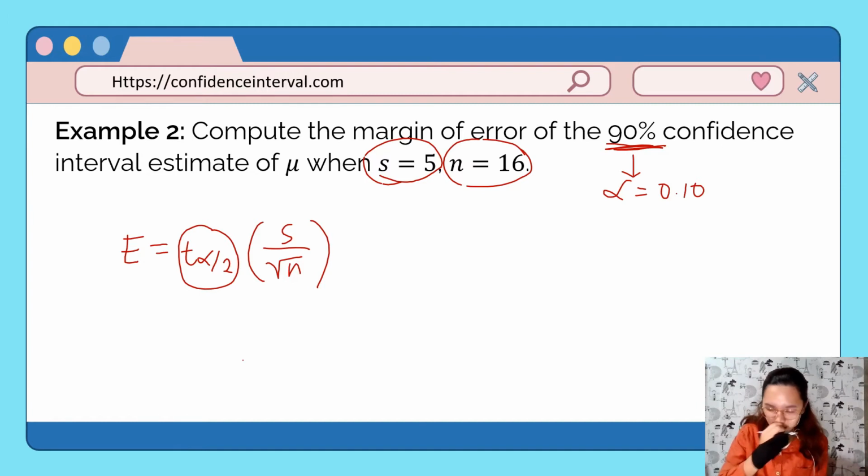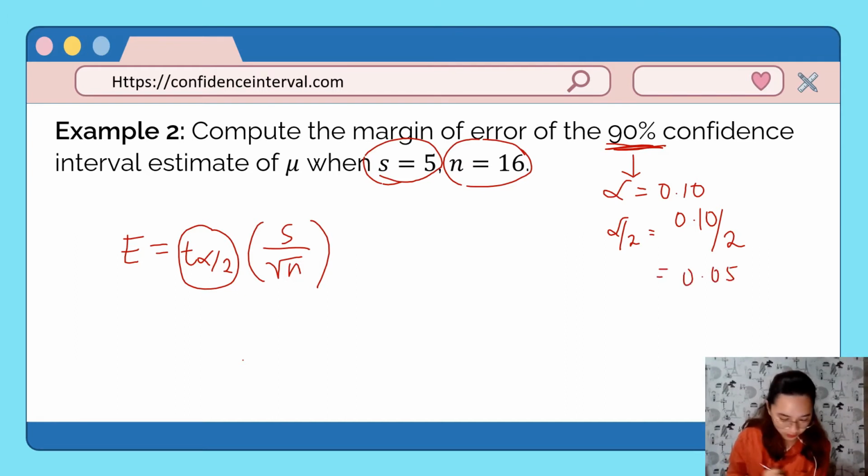Okay? So, syempre, para makuha natin yung confidence coefficient, kukunin po natin yung alpha over 2, which is now 0.10 divided by 2. And 0.10 divided by 2 is 0.05. Ayan. So, ngayon, ang 0.05, ang hahanapin natin na area doon sa right tail natin. Ayan. Doon sa area ng right tail.